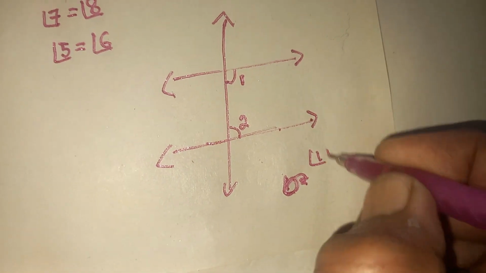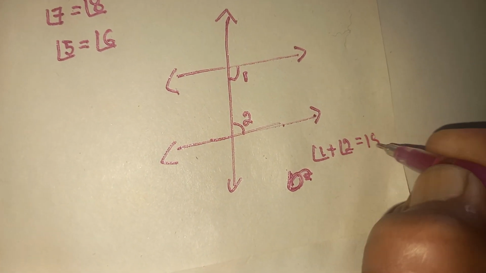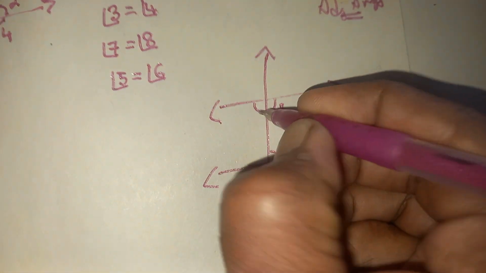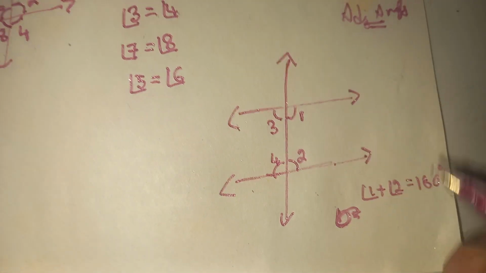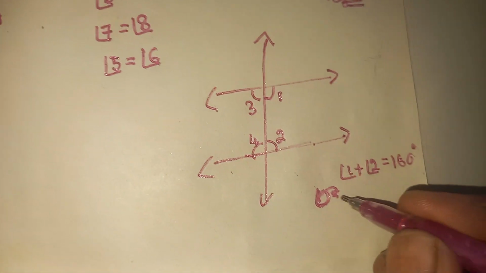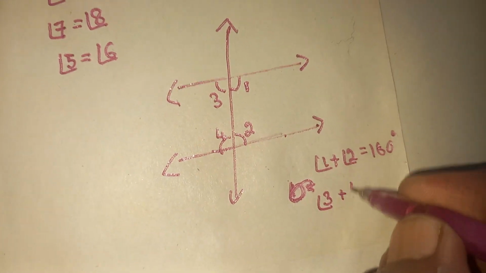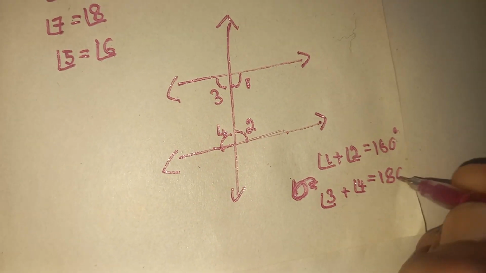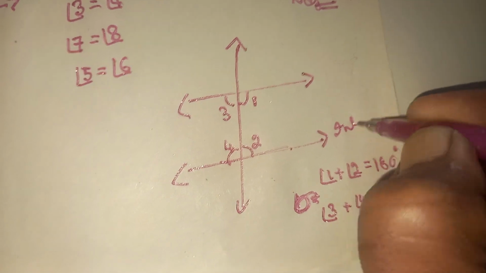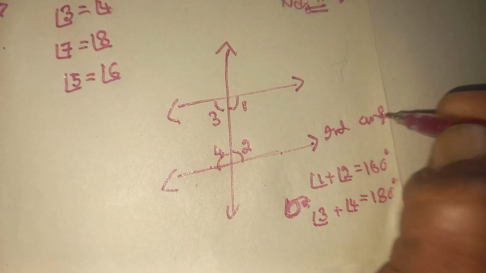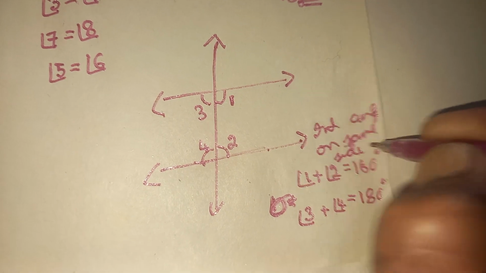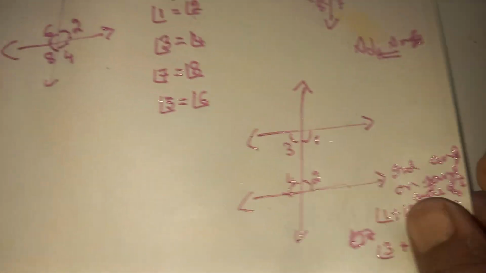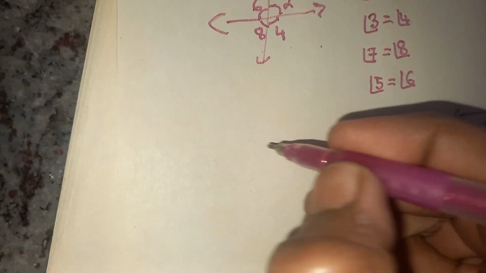That is, angle 1 plus angle 2 equals 180 degrees, and angle 3 and angle 4 are interior angles on the left side of the transversal. Angle 3 plus angle 4 is 180 degrees. The complete name is interior angles on the same side of the transversal. Now I'm going to tell about exterior angles, which are also on the same side of the transversal.